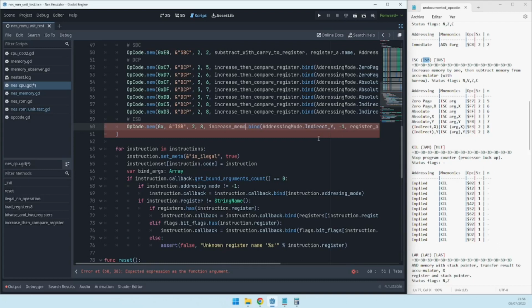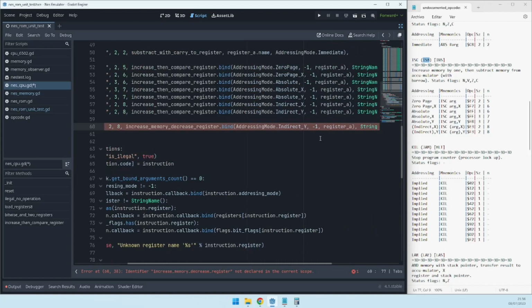Increase memory, decrease register. We have an addressing mode and we have a register.